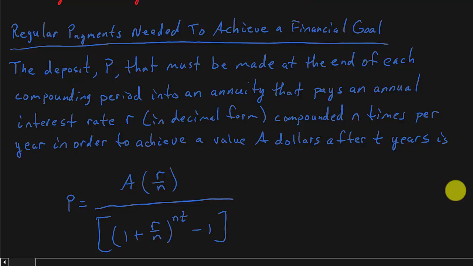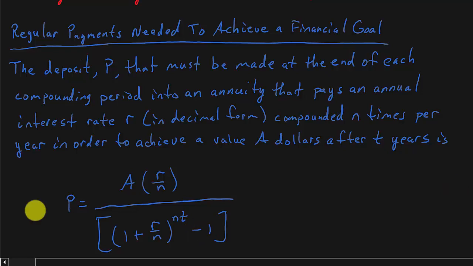So what this is doing, let's first recap what we just did. We made payments at the end of each period, and we said, how much am I going to have 40 years from now? Well, this one's saying, 40 years from now, I want $500,000. How much do I need to put in a savings account every month to have that? And it's getting interest and all that stuff.